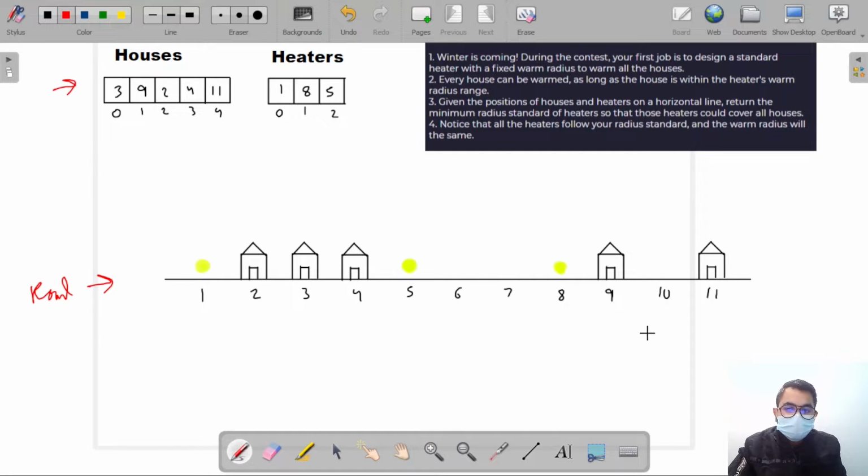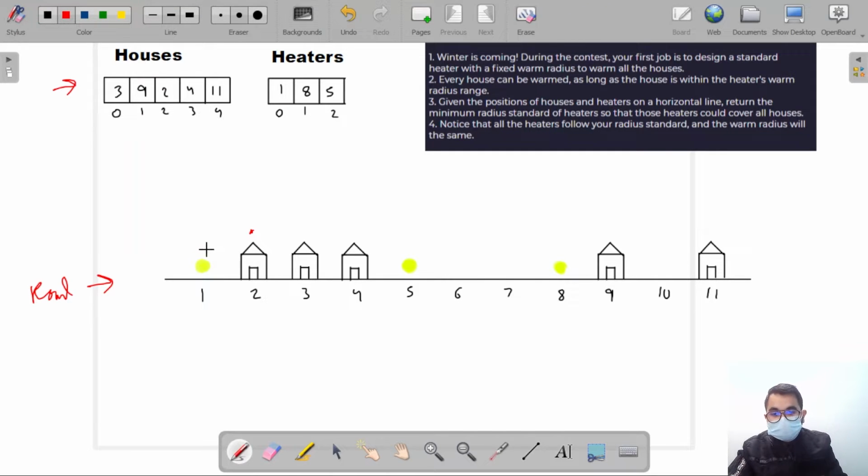Now what I need to do is design these heaters such that the heat from these heaters is given to all the houses on this horizontal road. For example, let's say this house, house number 2.